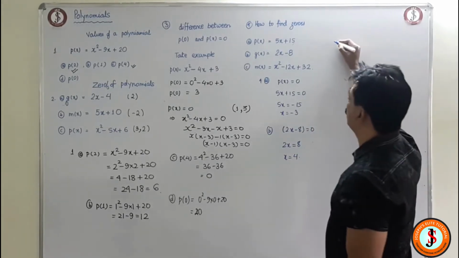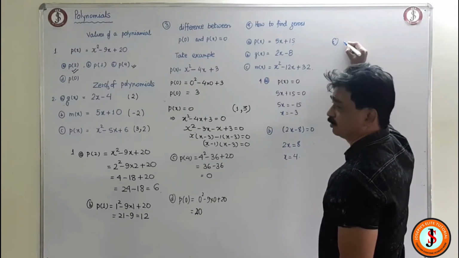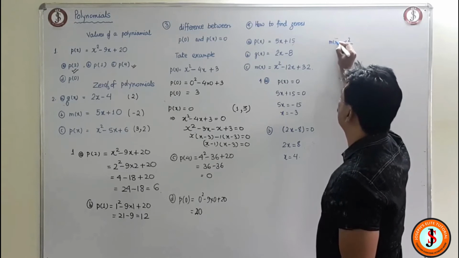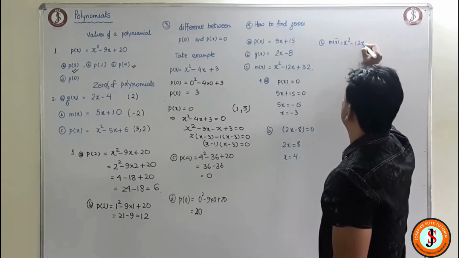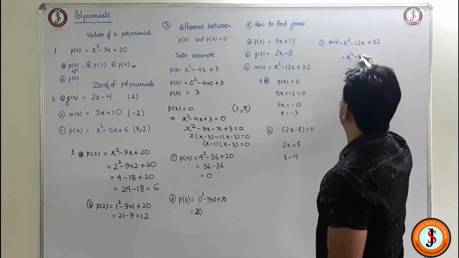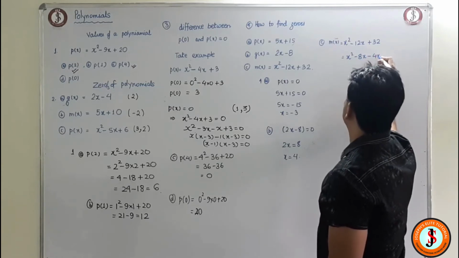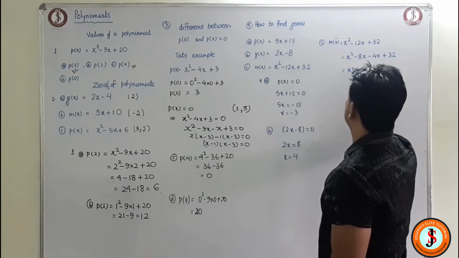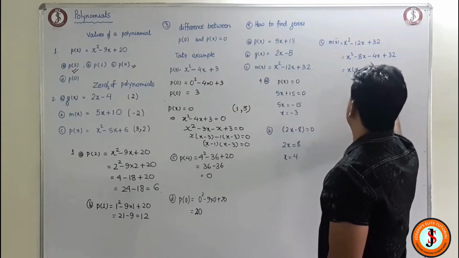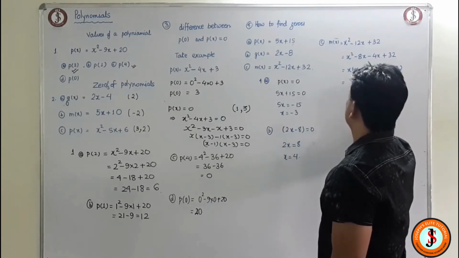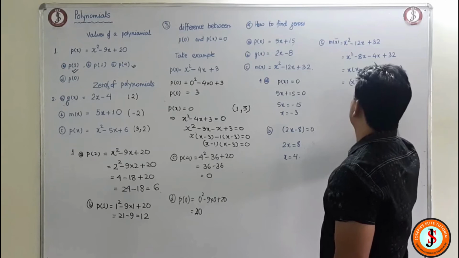Now suppose we have a quadratic polynomial. I have to find the zeros of x square minus 12x plus 32. x square minus 8x minus 4x plus 32. x(x minus 8) minus 4(x minus 8). (x minus 8)(x minus 4).